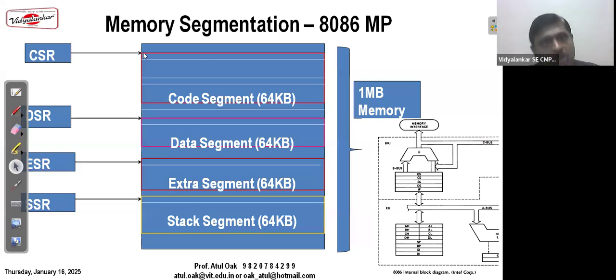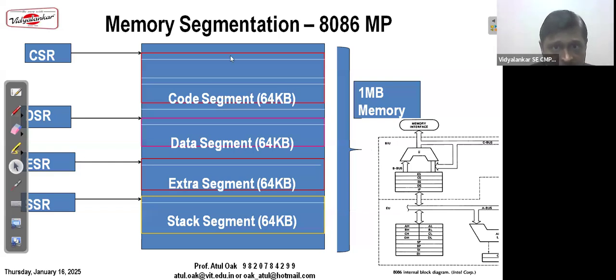But now the second question is, my code segment is 64 KB. 64 KB means 65536 locations, because 2 raised to 16 is 64 KB, and if you calculate 2 raised to 16 as a decimal, you get 65536.